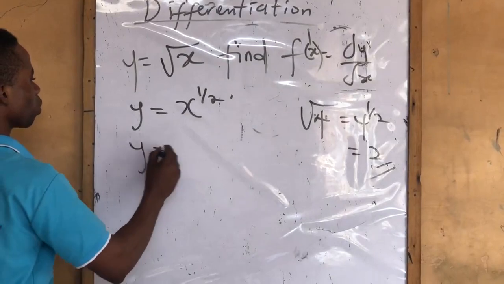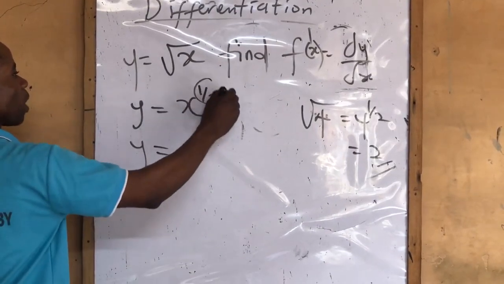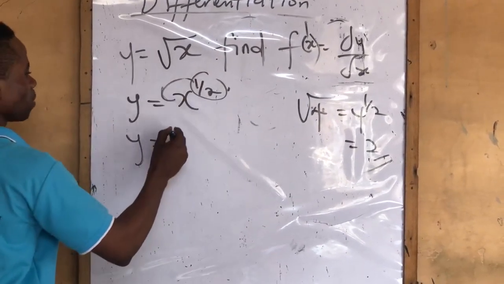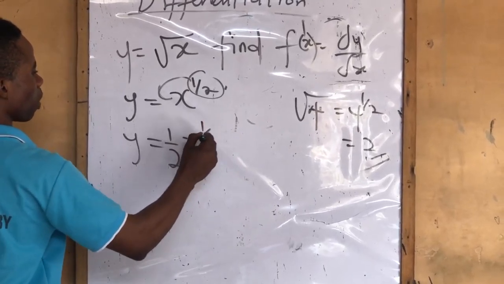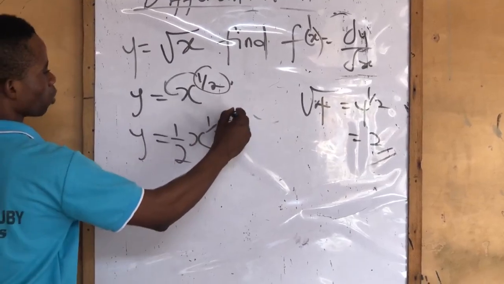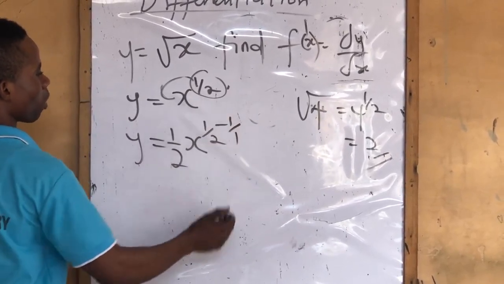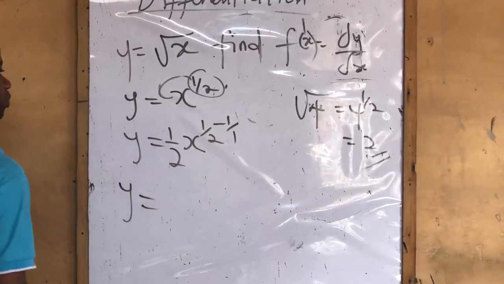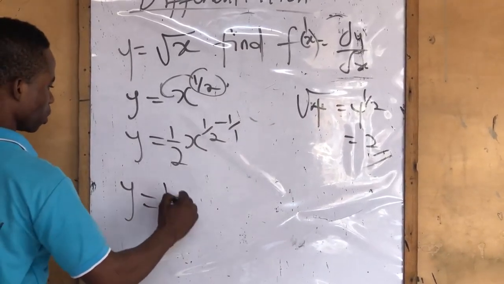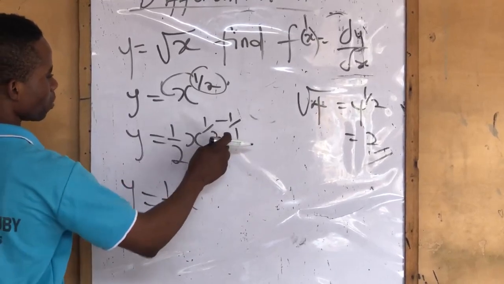That will be y equals to, do not forget, I'm using this power to multiply this. That means 1 over 2 times x, that's 1 over 2x. And 1 over 2, I will now remove 1 from it, minus 1. You can say 1 over 1. 1 over 1 is still 1. That will be 1, y equals to 1 all over 2x. I can find the LCM here.